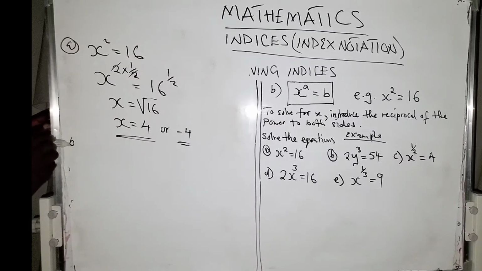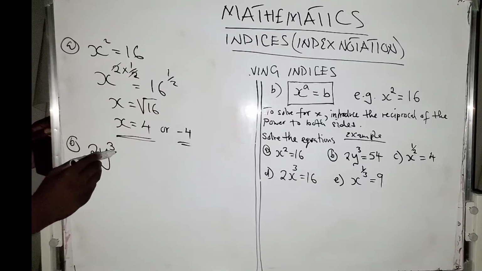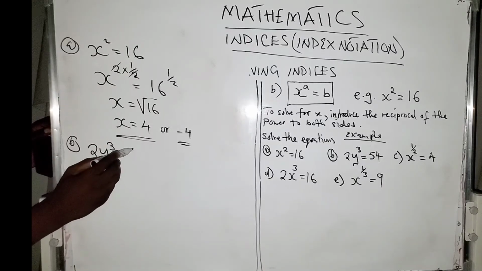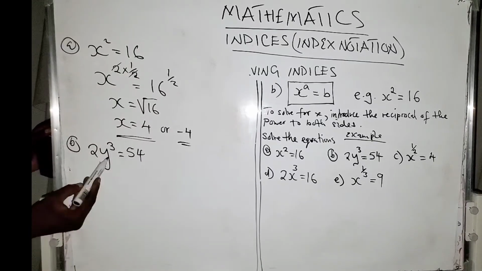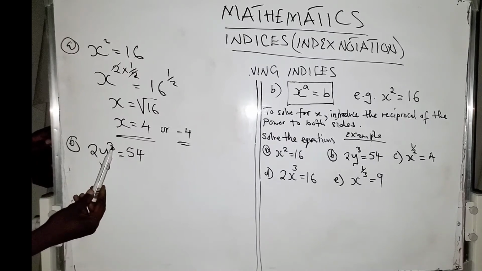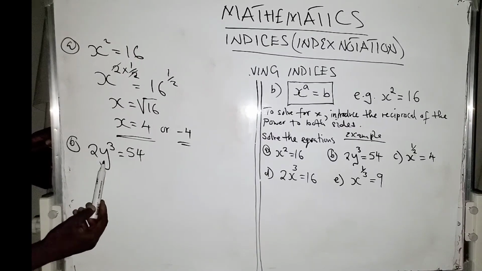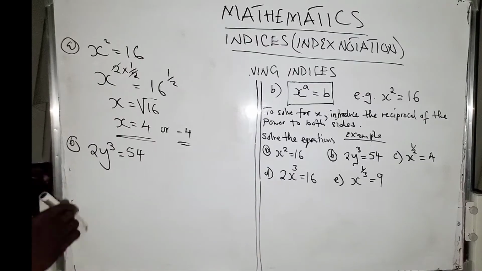Look at the second question. The second question is 2y to the power 3 is equal to 54. Here you can't just go directly introducing the reciprocal of 3, because the coefficient of y is not 1. So we're going to divide both sides by 2.